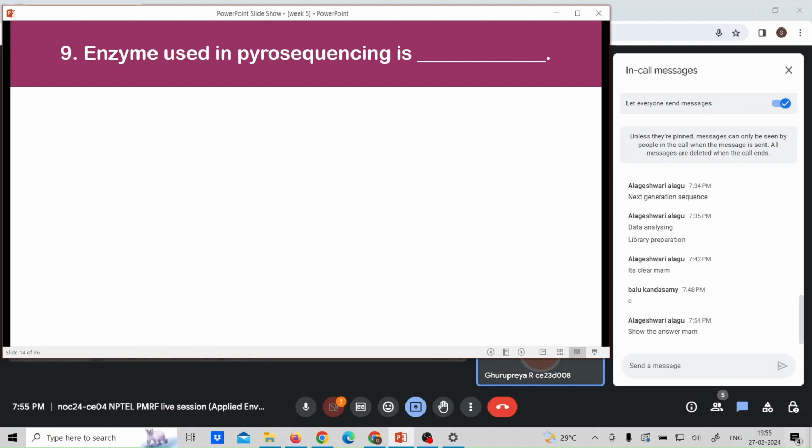This was discussed in the lectures, and basically in any sequencing, DNA polymerase is going to be used, but there is one enzyme that's very specific to pyrosequencing, based on which this method was developed.